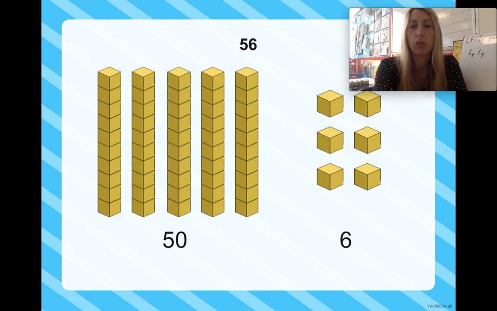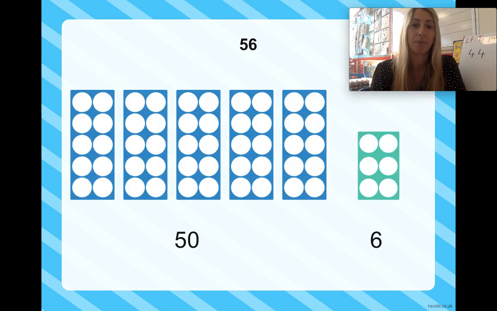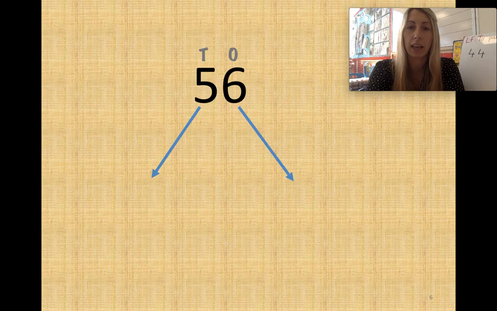So you can see you've got 10, 20, 30, 40, 50. So 56 is made up of 50 and 6. It can also be represented by numicon, which you would have used in the classroom. So again, you can see our 10 representative and our 6 representative. You've got 5 lots of the 10 and then you've got your 6 there again.